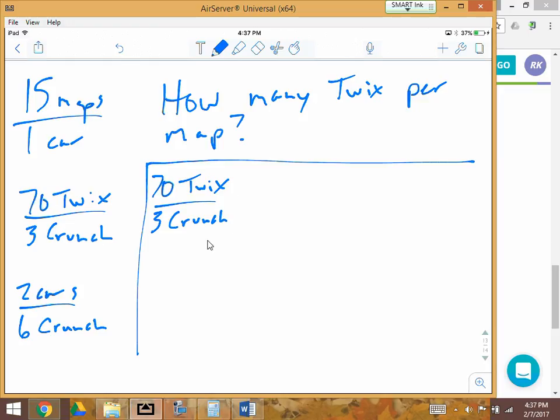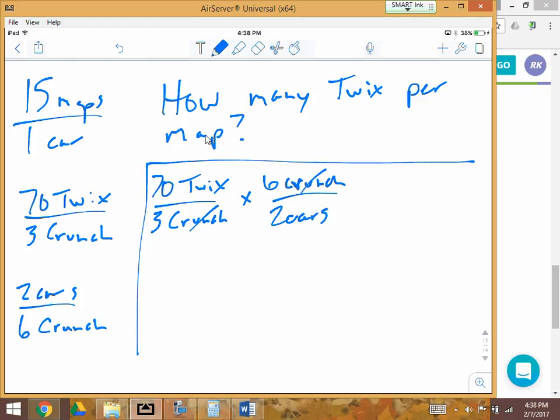Now, I do want to get rid of crunch. So this one doesn't have crunch, but this one has crunch. All right, so I'm going to put crunch on top. You can just flip these. It's not that big of a deal. So I'm going to put crunch on top. I'm going to say 6 crunch over 2 cars. That lets me get rid of those crunch.